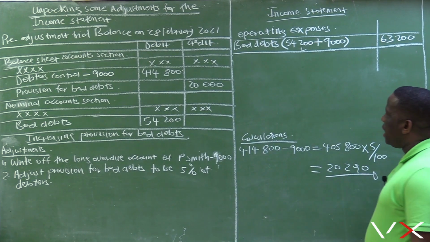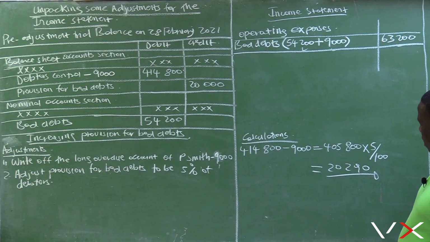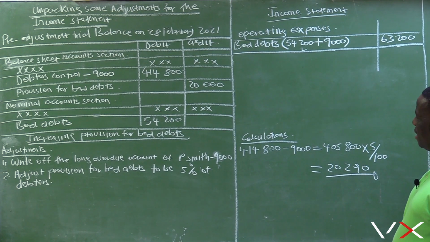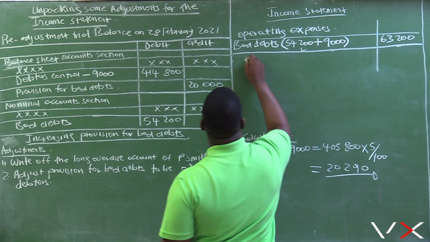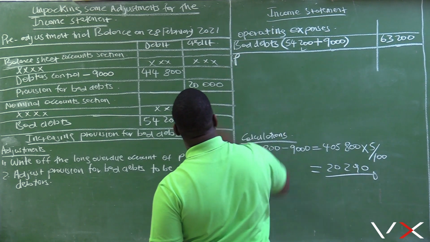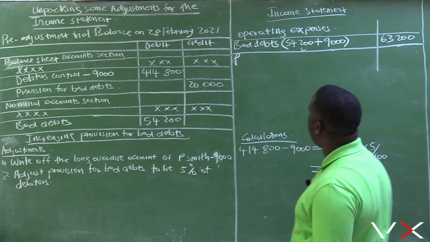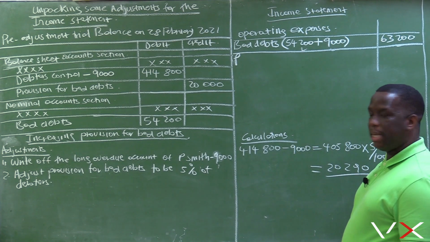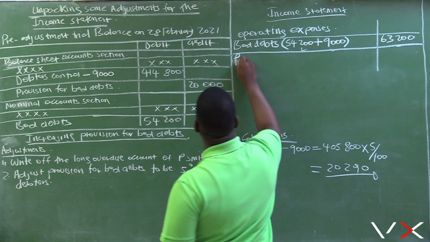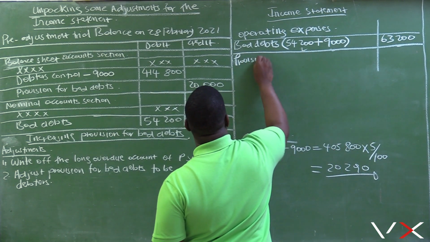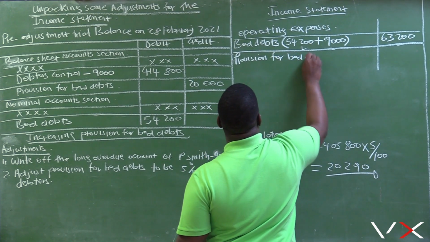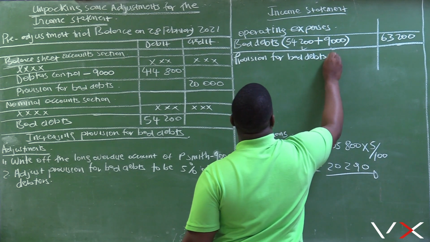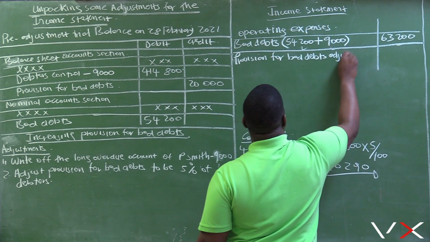So we are going to increase it by 290, and because we are increasing provision for bad debts, there will be an account in your income statement under operating expenses, which is called provision for bad debts adjustment.